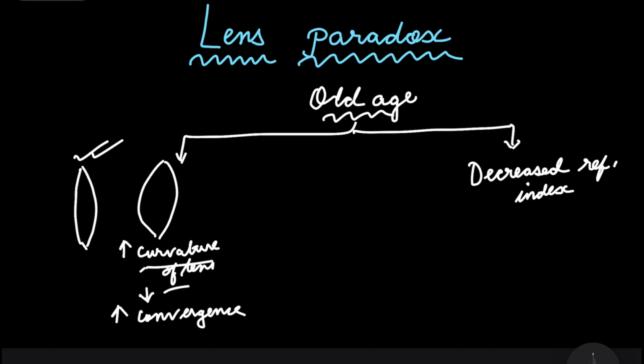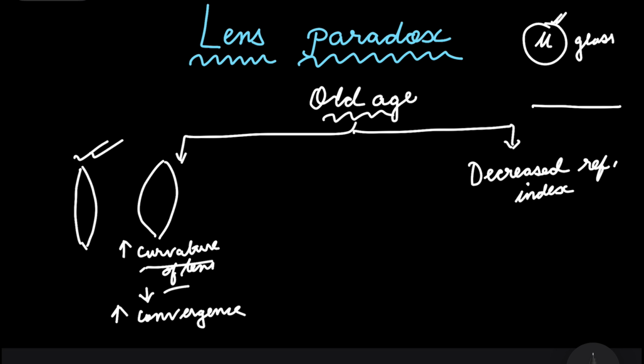So for example, we use the Greek letter mu to denote refractive index. We all know this. This is all basic physics. So refractive index of glass is basically how much glass is able to alter the path of light.